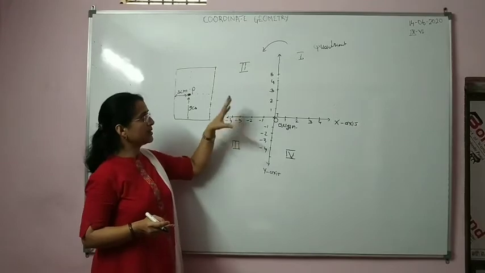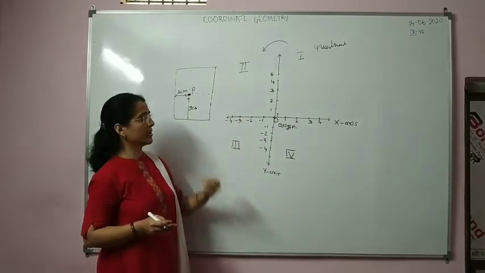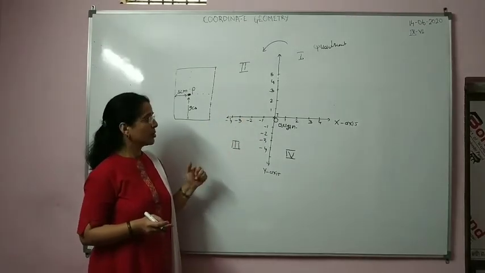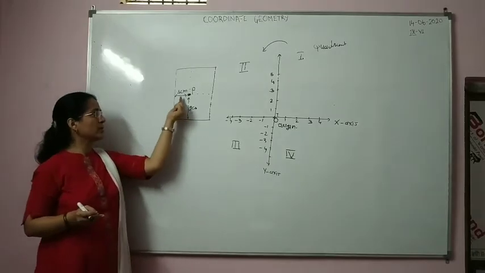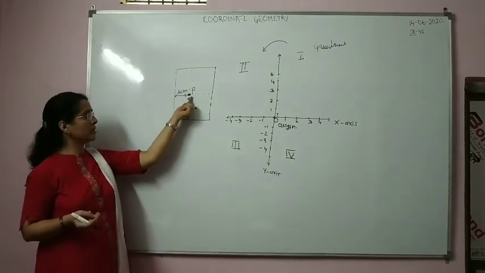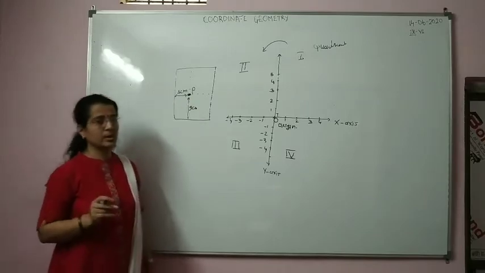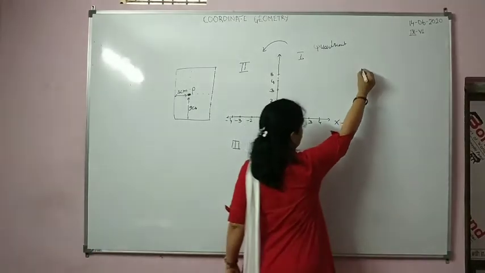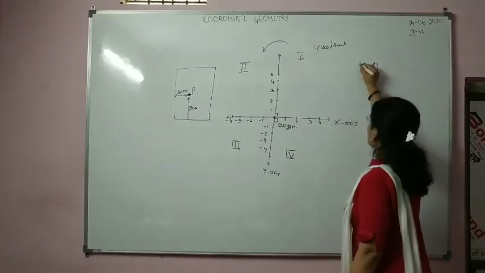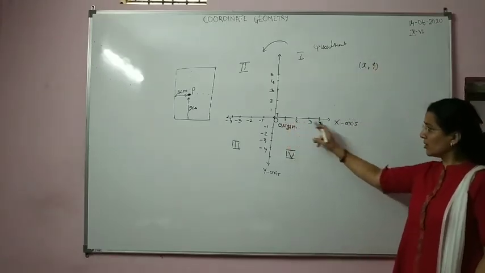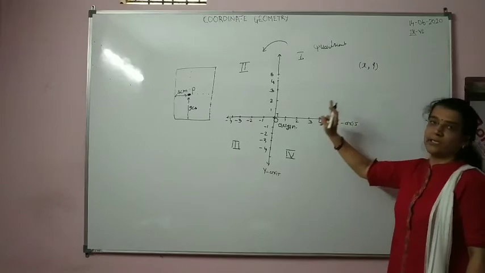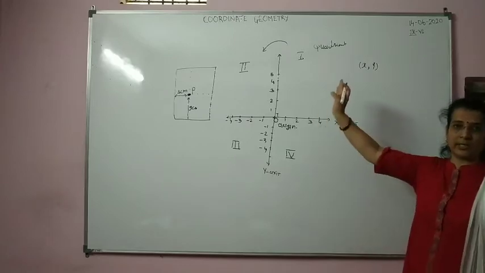Now, after making this coordinate plane, I can locate a point here. To locate the position of any point, two pieces of information are required. We write x comma y. The first piece of information we take along the horizontal line, and the second along the vertical line.